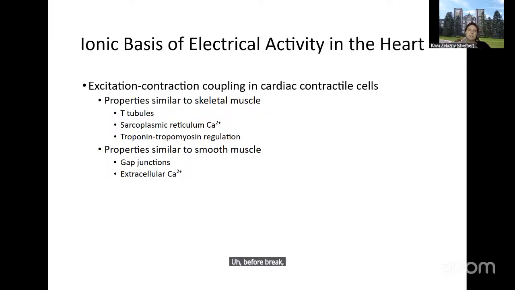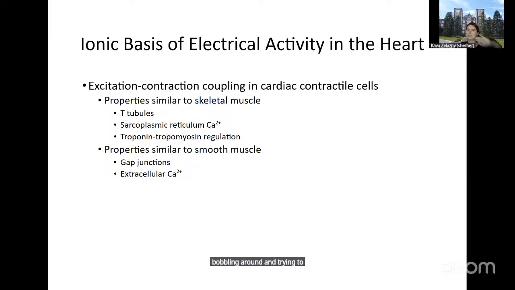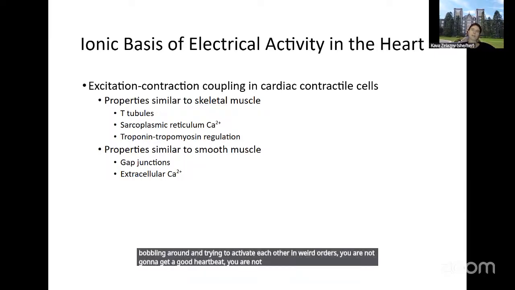So this means that the heart is going to be able to coordinate a little faster, a little better, which is good because you want the heart coordinating. That's kind of the whole point. If you've got signals bobbling around and trying to activate each other in weird orders, you are not going to get a good heartbeat. You are not going to pump your blood around your body effectively.